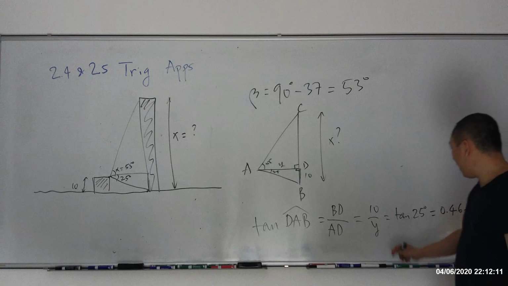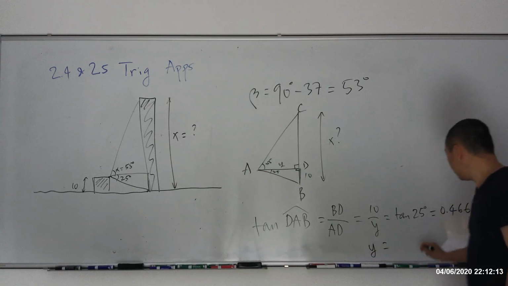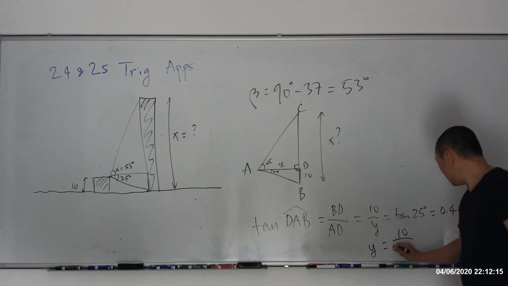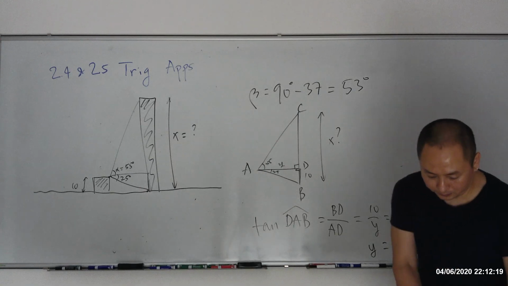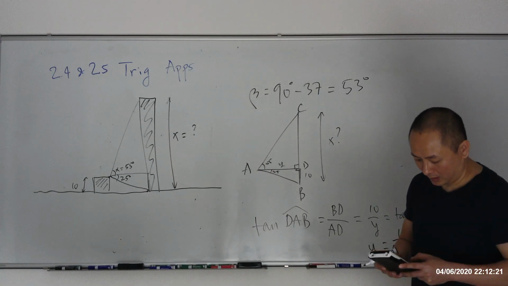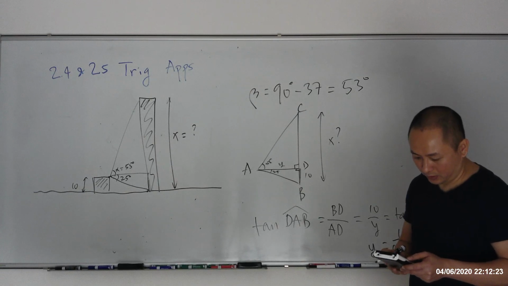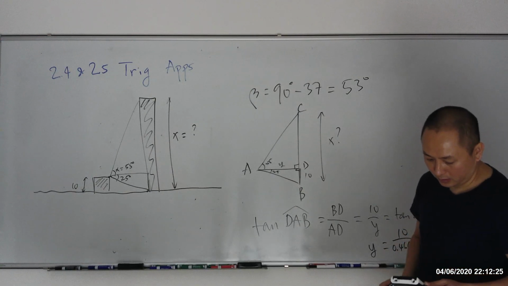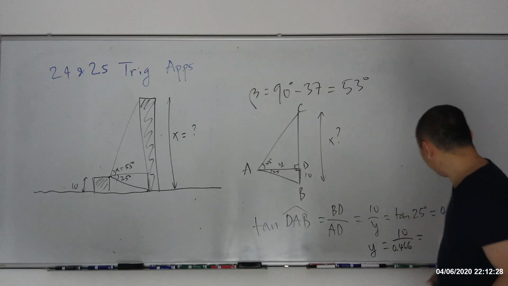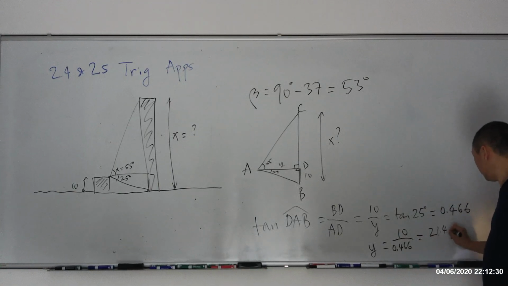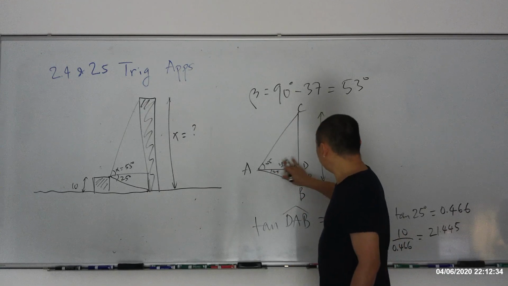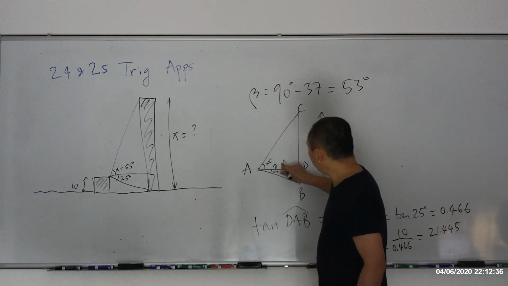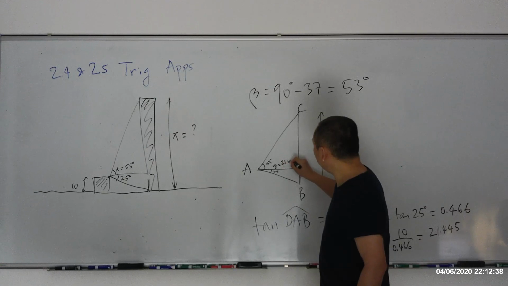So I can calculate y from here. y is 10 over 0.466, and that's equal to 21.445. So I know the distance from A to B is y equal to 21.445.